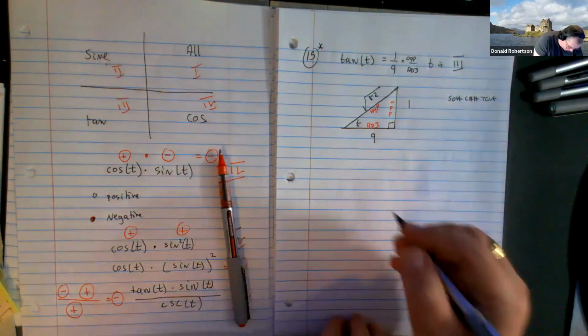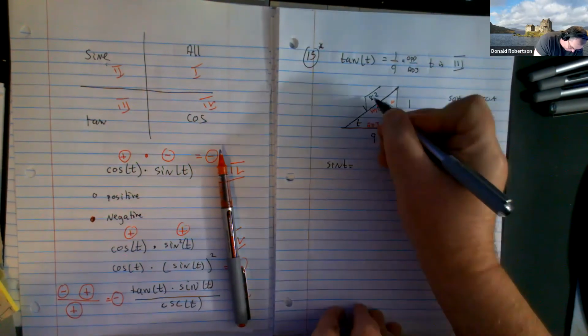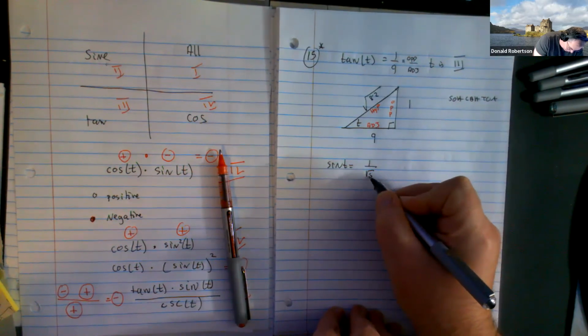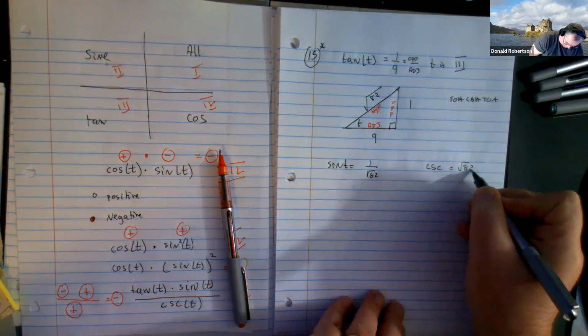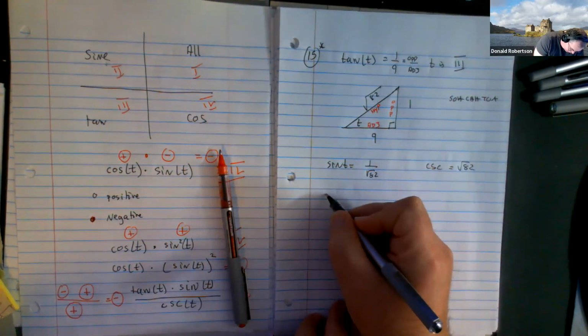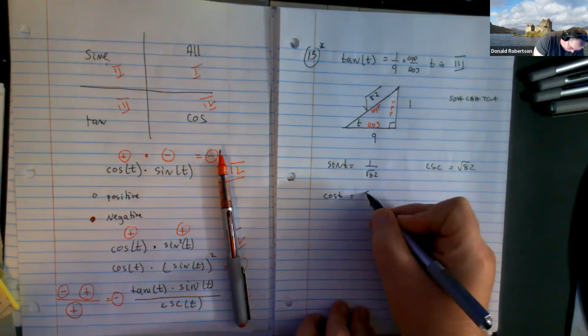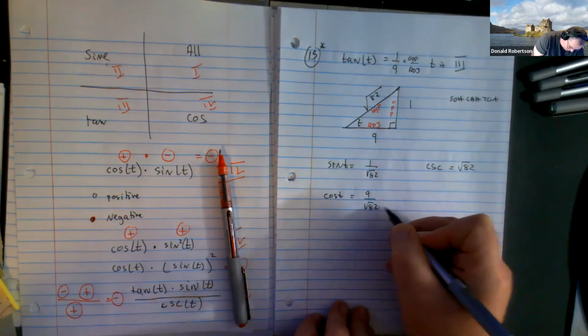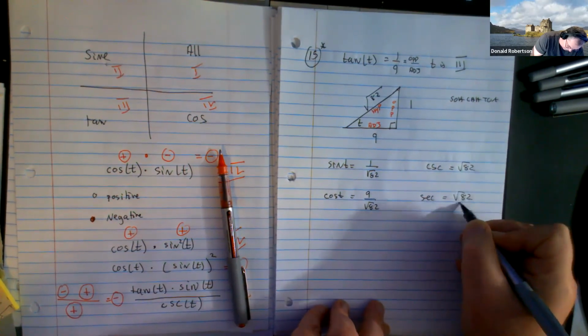So if I was going to find the sine, it would be opposite over hypotenuse. And the cosecant then would be turn me upside down. If I wanted to do the cosine of t, adjacent over hypotenuse. And the secant would then be turn me upside down.